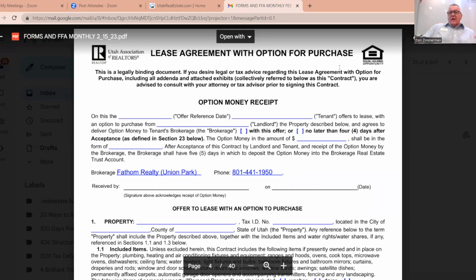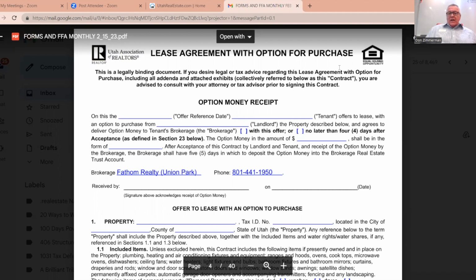So you have a listing on the MLS. Maybe they don't even put in there that they would consider a lease option, but maybe you call the agent and say, hey, I've got some really strong buyers. They've got $40,000 they'll put down up front.